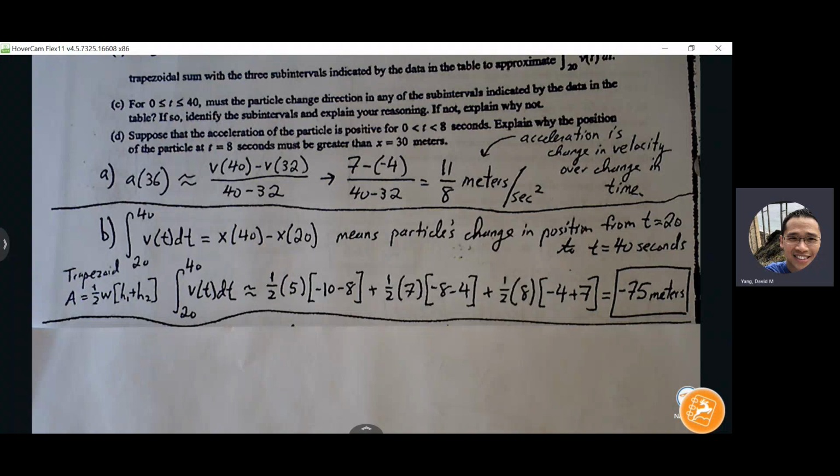That just means that in that 20 seconds, or 20 to 40, this particle is going to change position in a negative direction. So what this negative 75 meters tells us is that if you compare this particle's position between 20 and 40, by the time he reaches 40 seconds, he's going to be 75 meters to the left of where he was at t equals 20.